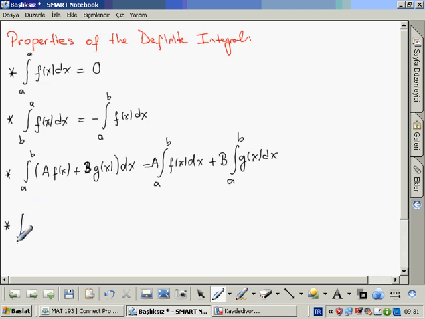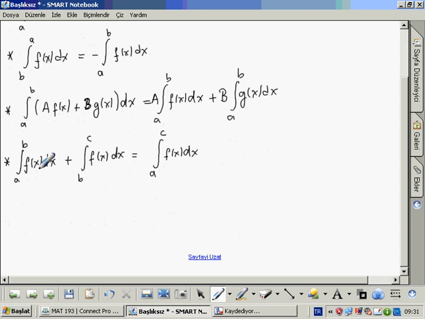And the integral from a to b of f of x dx plus the integral from b to c of f of x dx. These boundaries are connected to each other, so we can write it as only one integral, the integral from a to c of f of x dx. We know that from high school.